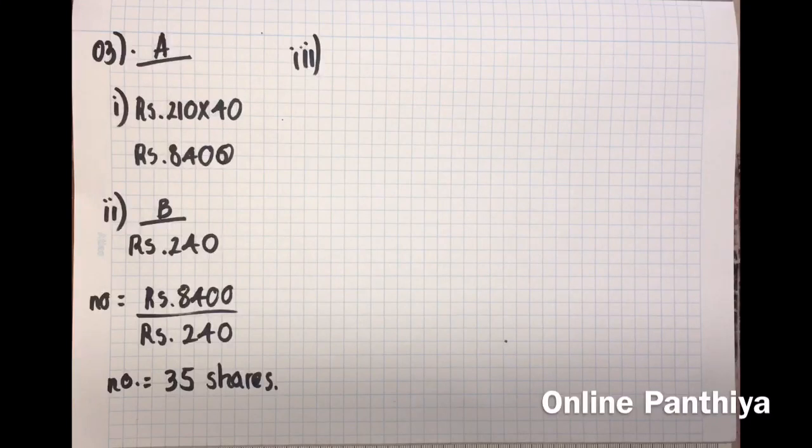Now let us go on to the third one, Roman number 3. At the end of the financial year, company A paid 15 rupees per share and company B paid 18 rupees per share as dividends. Now you have to find the total dividend he received from company A and B. You have to find the total dividend he gets from both the companies.